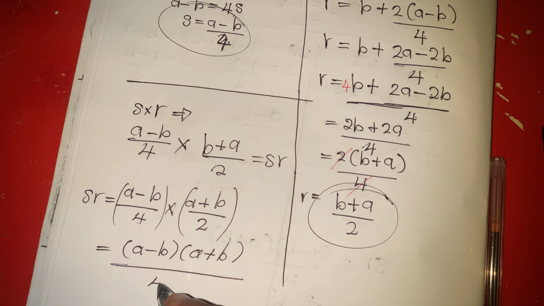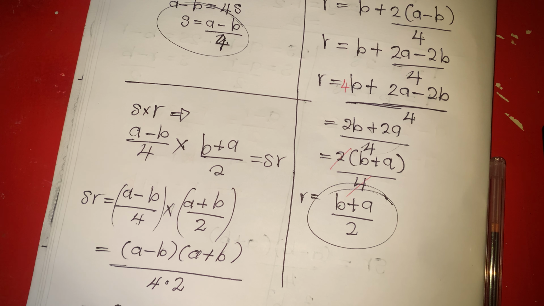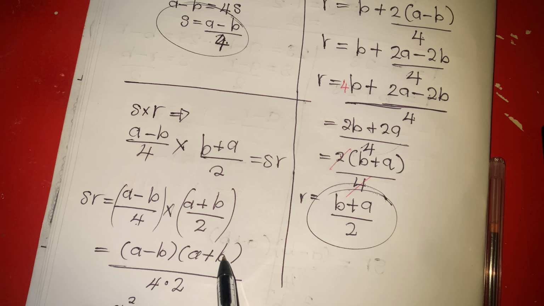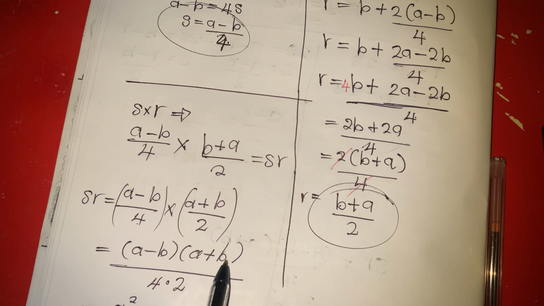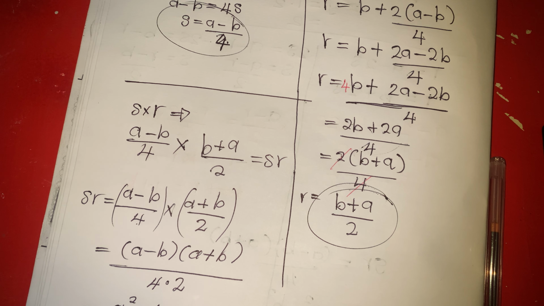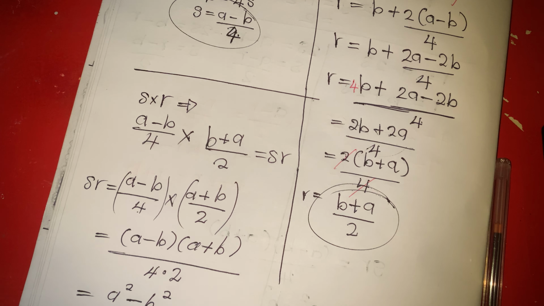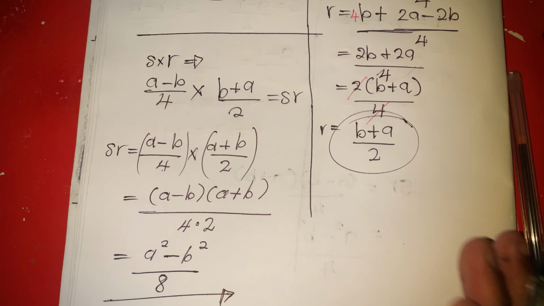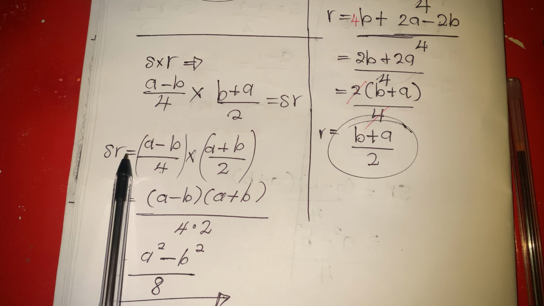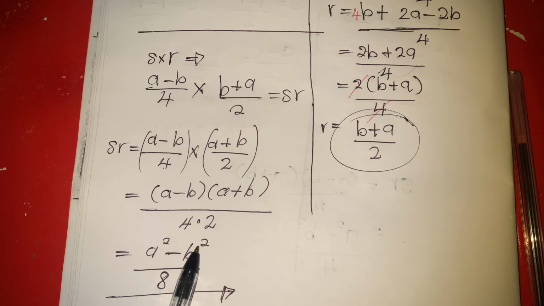The difference of two squares means that a times a will be a squared, then a times b will be ab, negative b times a will be negative ab. So negative ab and positive ab will cancel out. Then you have b times b, which is b squared over 8. So this is your proof that sr is equal to a squared minus b squared over 8.